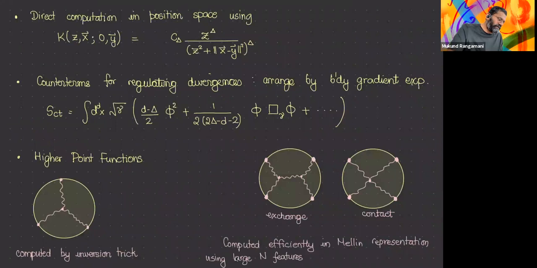And in fact, that's how the calculation was first done in Witten's paper, because he just wrote down the position space bulk to boundary propagator using the conformal properties of the AdS spacetime, and the bulk to boundary propagator to propagate from boundary point 0y to bulk point zx is simply given by this Poisson kernel, hyperbolic Poisson kernel.